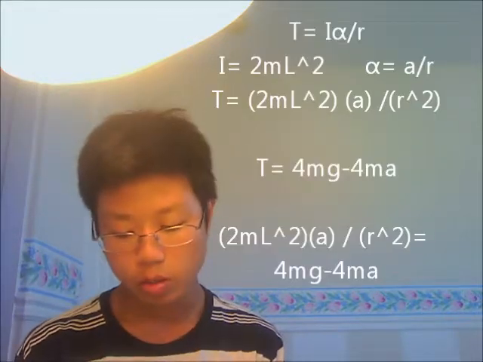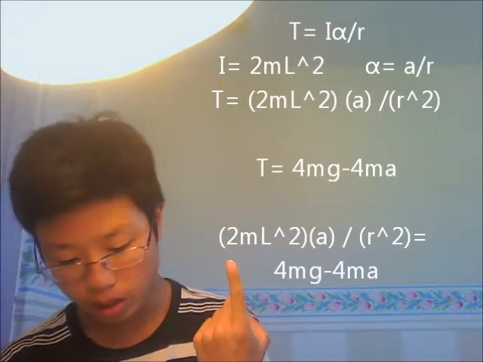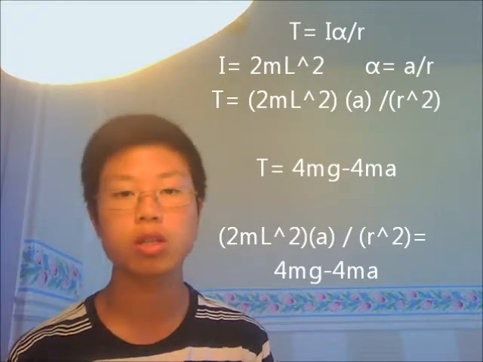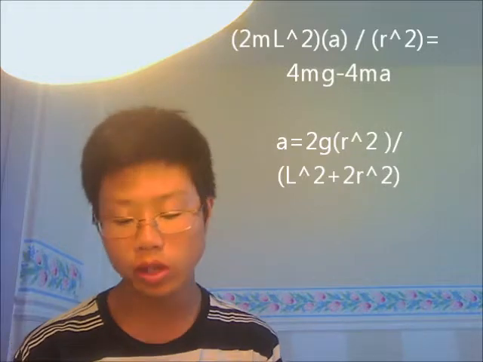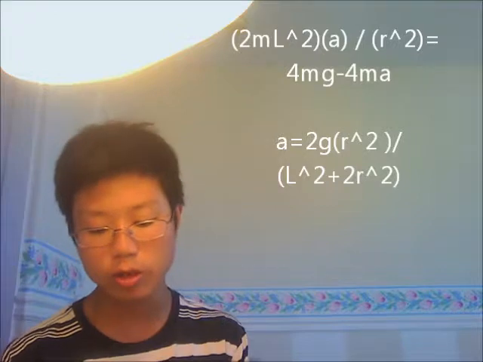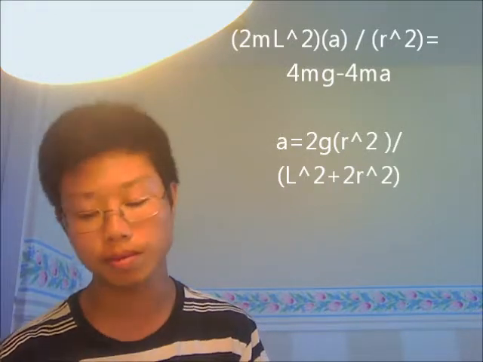Substituting all these new expressions in, we have this equation right here. Now we have all we need to solve for the linear acceleration. Using some algebraic manipulation, we find that acceleration is equal to 2g r squared over L squared plus 2r squared.